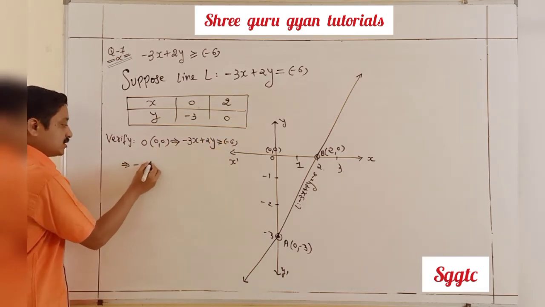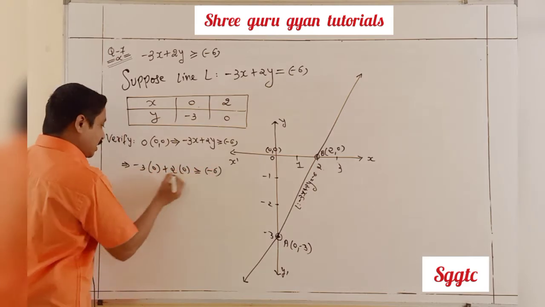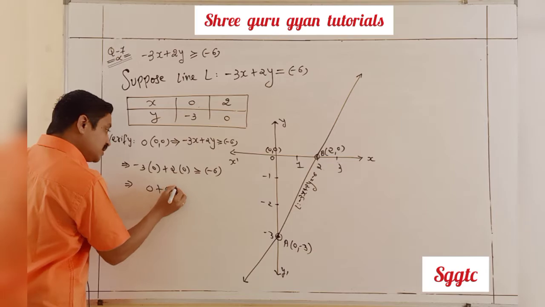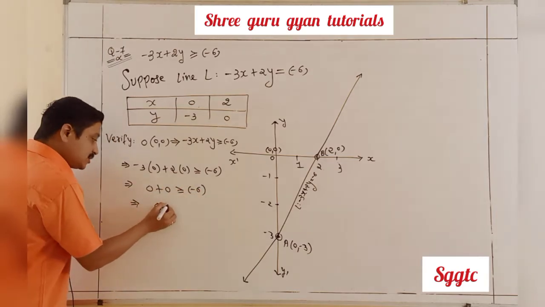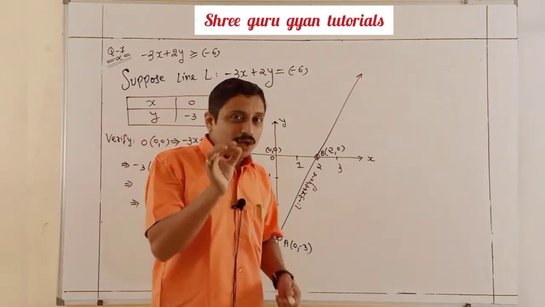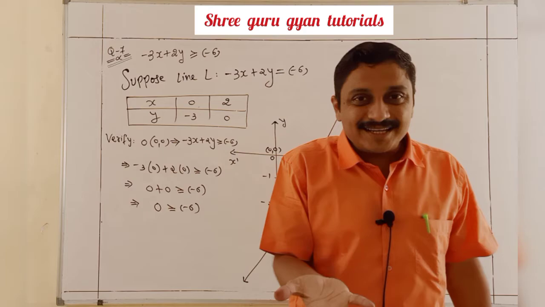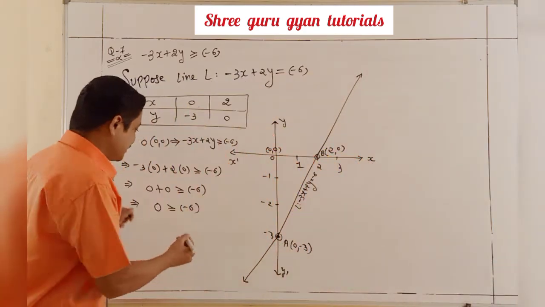So -3 with 0, 2 with 0, and the answer is 0 + 0 greater than or equal to -6. So you get 0 greater than or equal to -6. It is true, meaning 0 is more than -6. Yes, definitely, it is true.